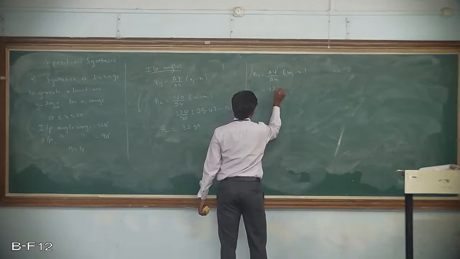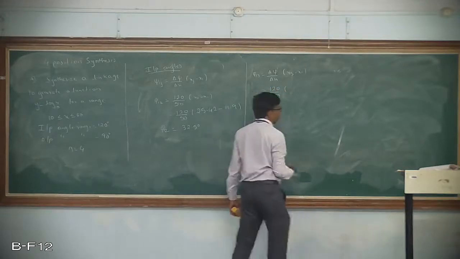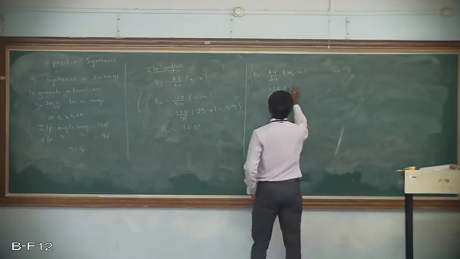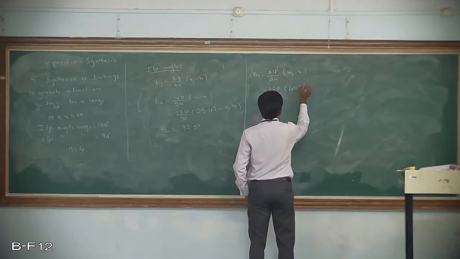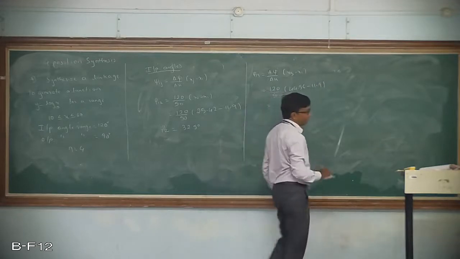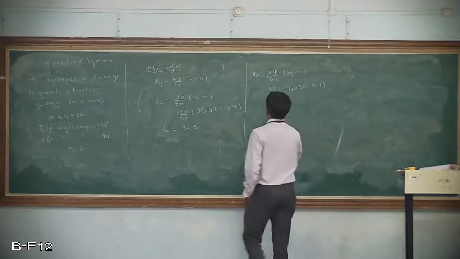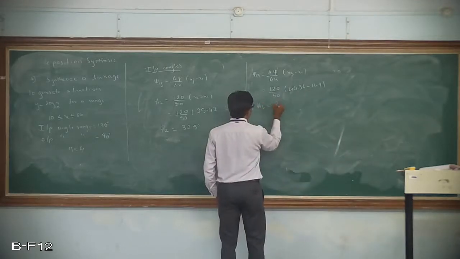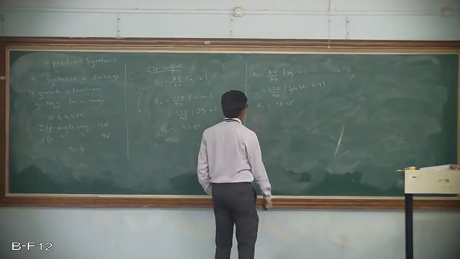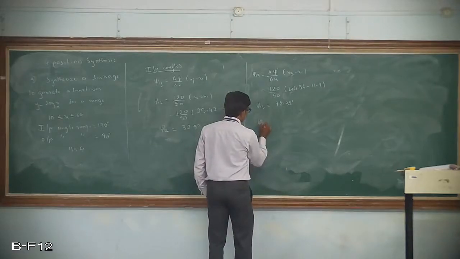That is 120 divided by 50 into x3, which is 44.56, minus 11.9. So we will be getting the angle as 78.38 degree. So xi13 is 78.38 degree.